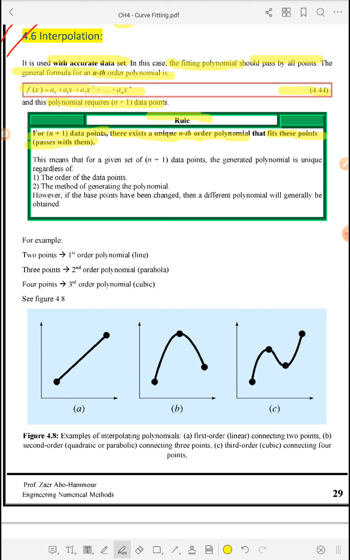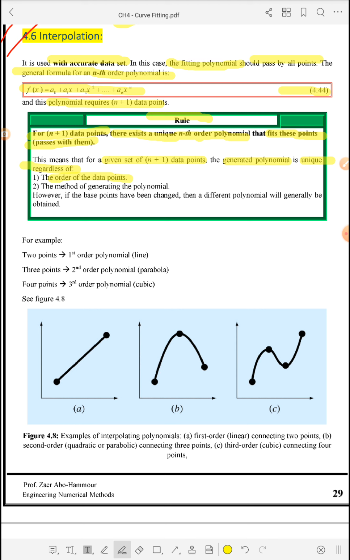So this means that if we have a given set of data points, n plus 1, the polynomial generated using the interpolation technique should be unique, and this uniqueness is regardless of two major facts. The first one is the order of the data points.